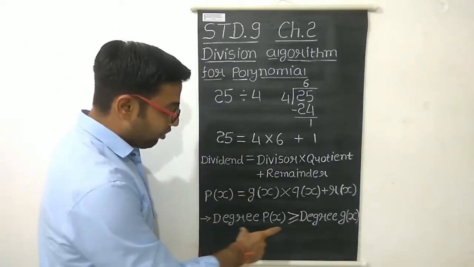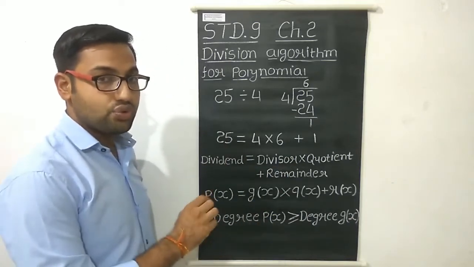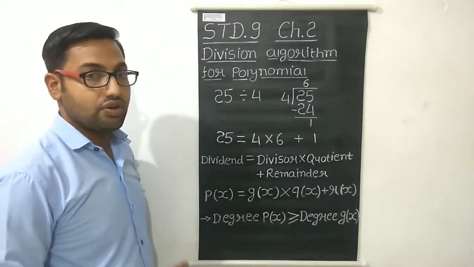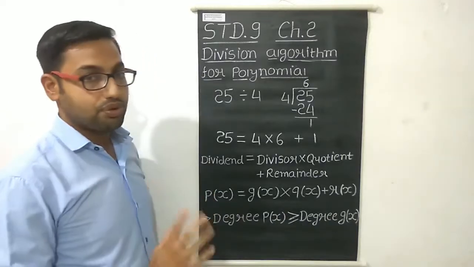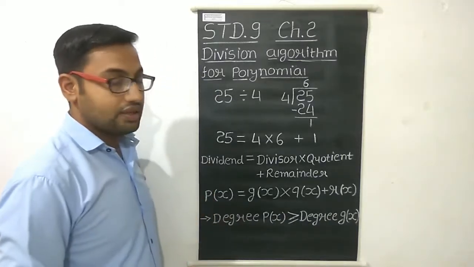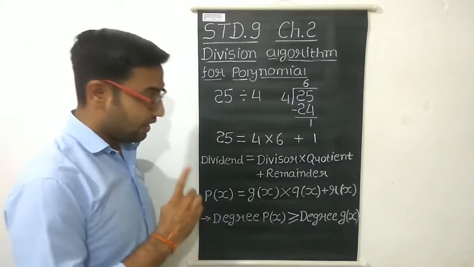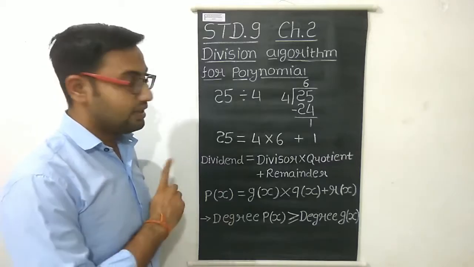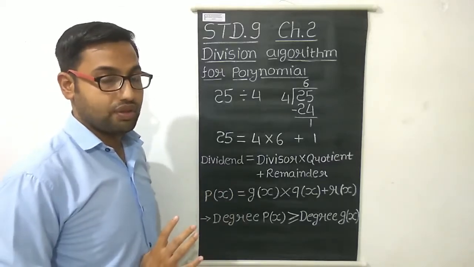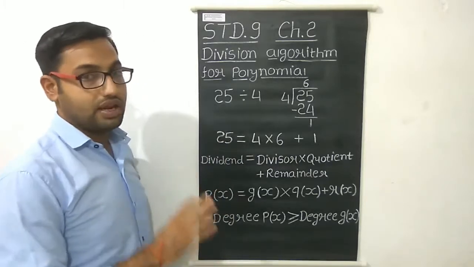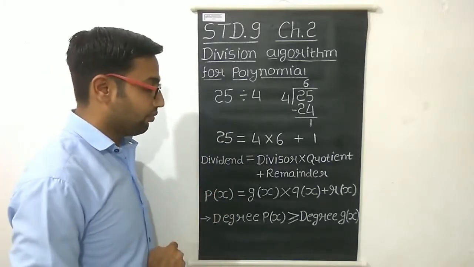If the degree of p of x is 2 and the degree of g of x is 1, then division is possible. If the degree of p of x is 1 and the degree of g of x is 2, then division is not possible. Up to that step we can divide, after that we cannot divide the given polynomial.